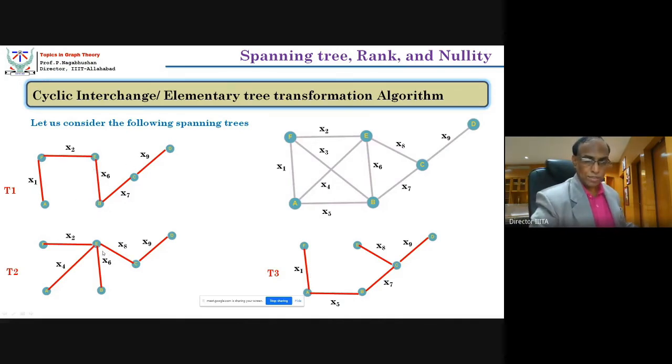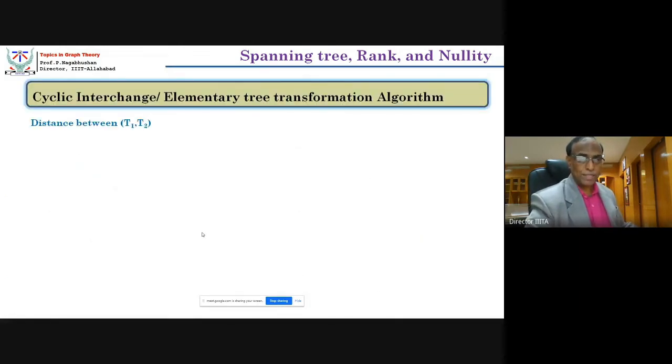You can find the distance between T2 and T3, between T3 and T2, between T3 and T1. Like that, you can calculate the distances. Okay, so what is the definition of a distance? The distance is the edges in T1 but not in T2, or edges in T2 but not in T1.